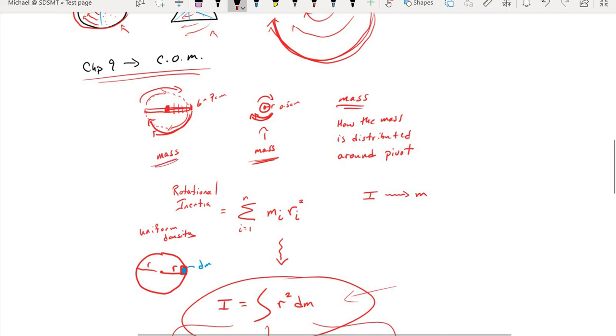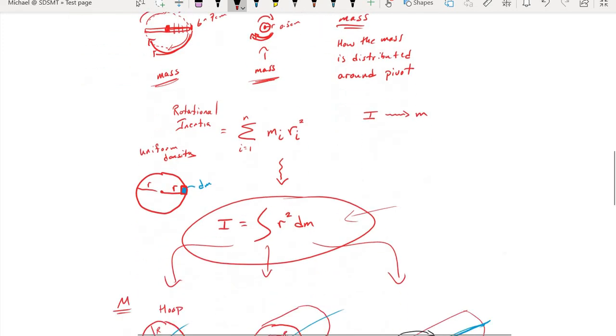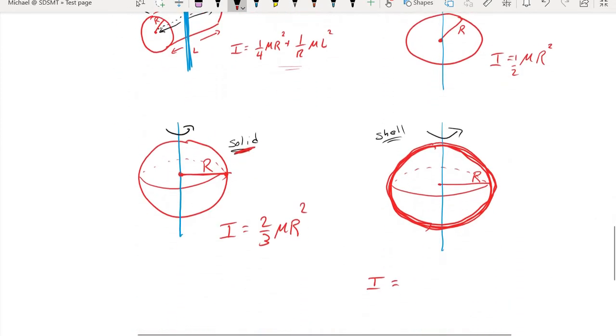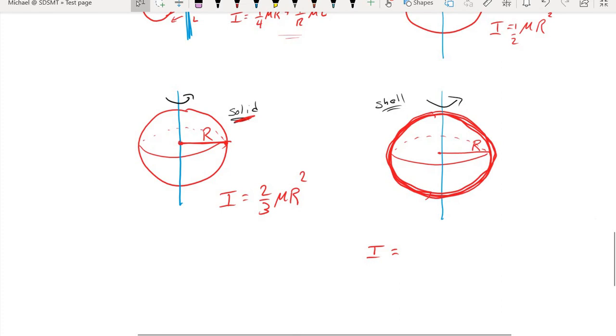The more mass we have further away from the pivot point, the harder it's going to be to rotate. And so the answer is the solid will rotate easier. And that's because the shell has the majority of its mass further away from the pivot point.